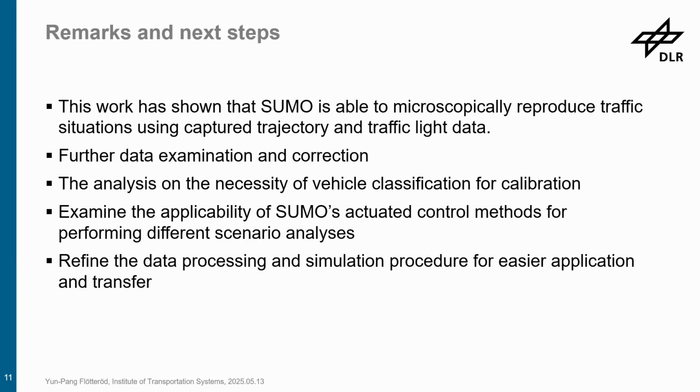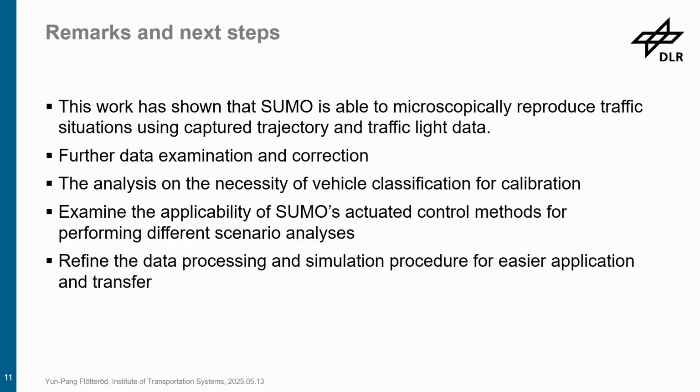So, to the remarks and next steps: up to now, as I say, it's ongoing work. Our work shows that SUMO can actually microscopically reproduce the traffic situation with the trajectory data and traffic light data, although future calibration work is still needed. So we will do that.